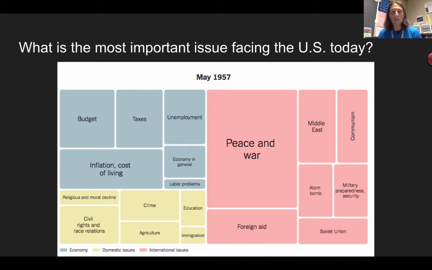But the real big concern, the thing that's keeping them up at night, is really international issues, and that's what's causing a lot of the anxiety. On top of economic uncertainty, whether there's going to be unemployment, inflation, cost of living. So even though the economy is booming, Americans aren't far enough away from the Great Depression to be totally unfearful of what could happen in the future and down the road.